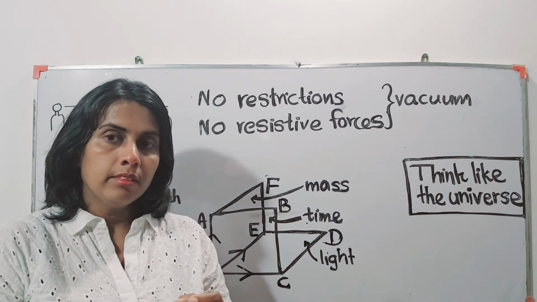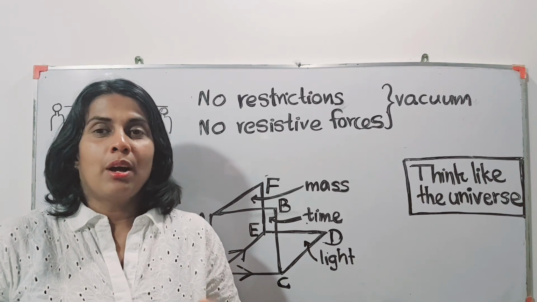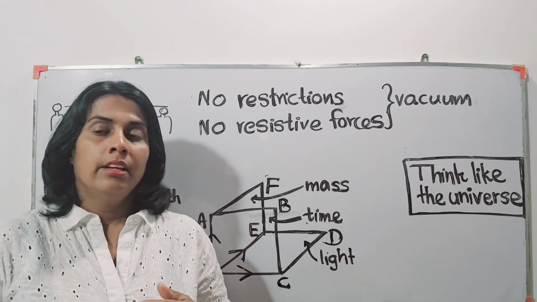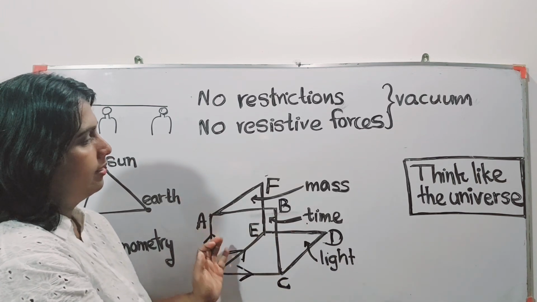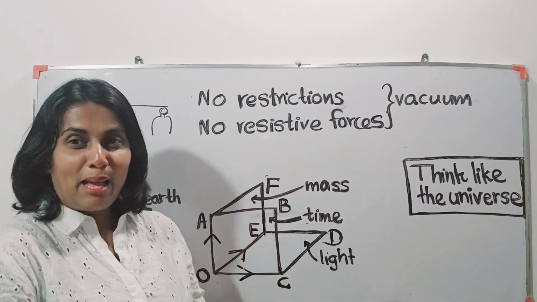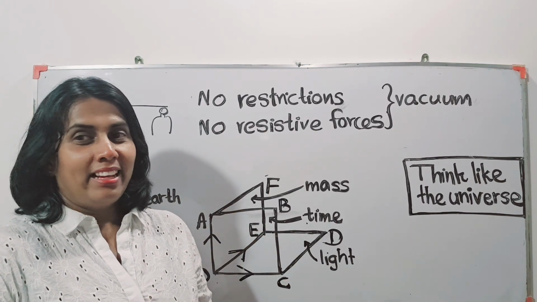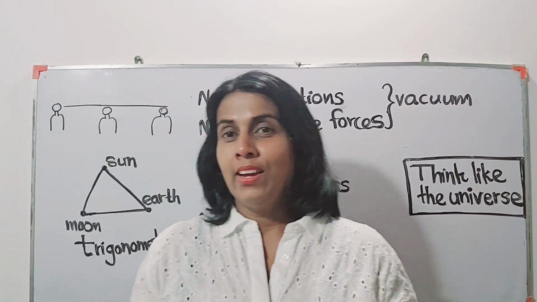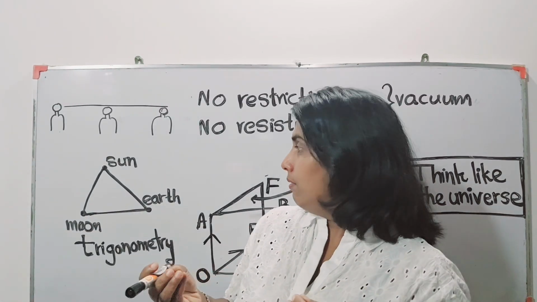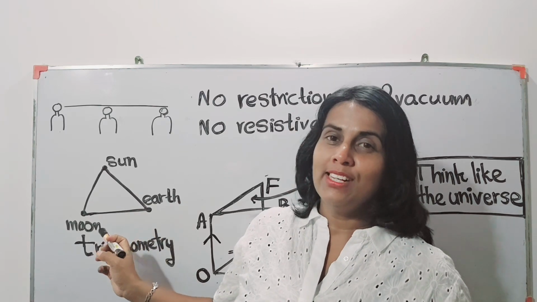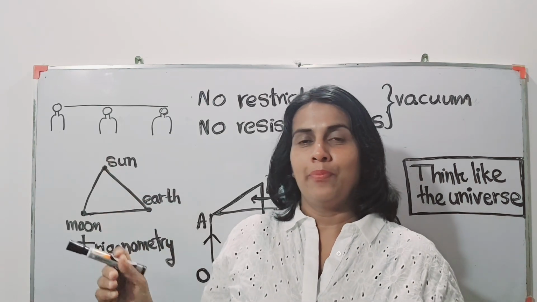But when it comes to our earth, in our world, due to the gravitational attraction, this 3D setup collapses. And that is why when we are asked to arrange three things in our world, we always arrange it in a triangle or along a straight line.